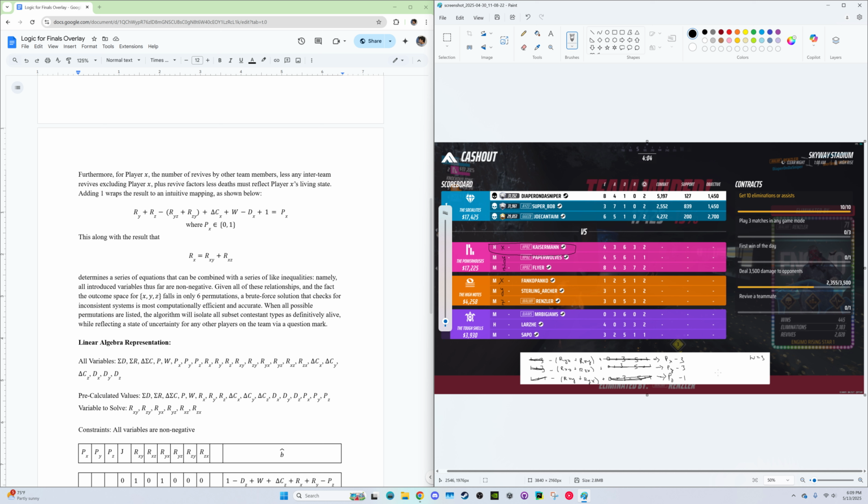We know p_z is maximum 1, and what else do we know? X has revived only 1 time, right? So we know that r_xy plus r_xz equals 1.